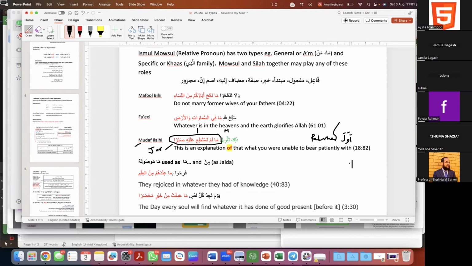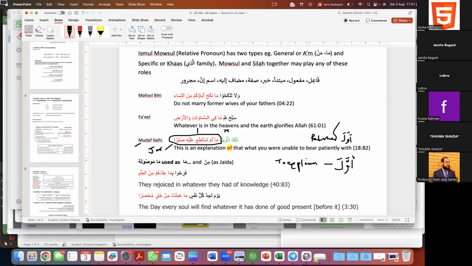Then form 2 of that is awala, which means to explain. He explained, he interpreted.